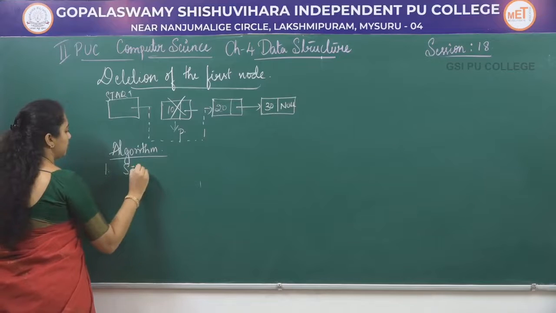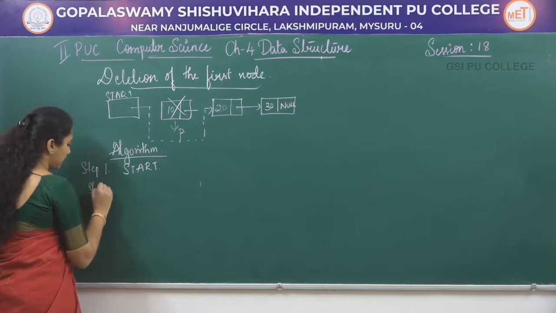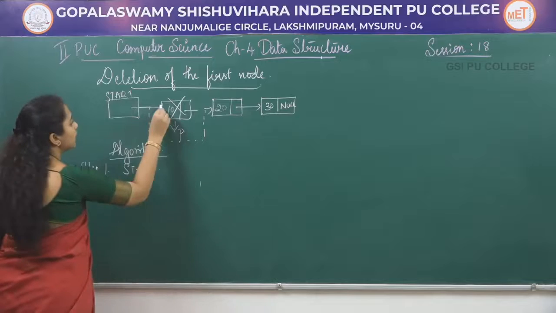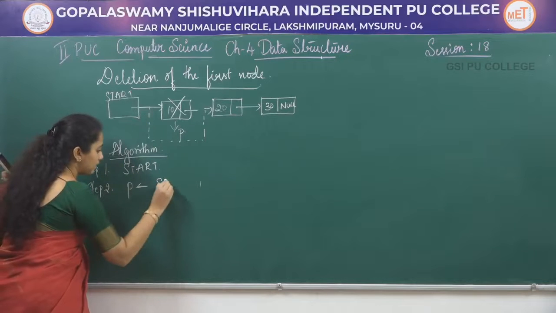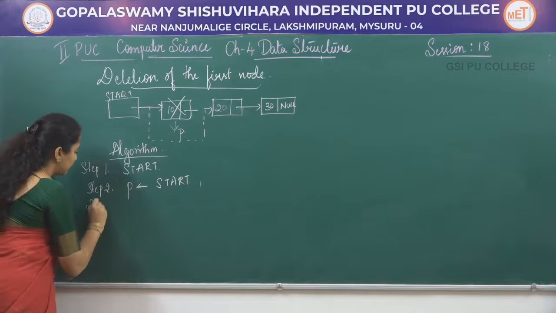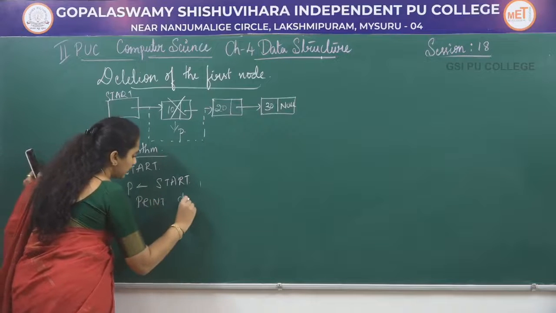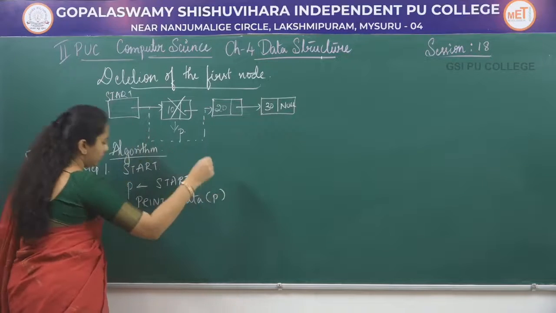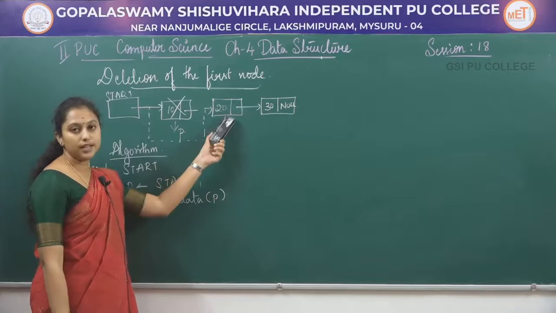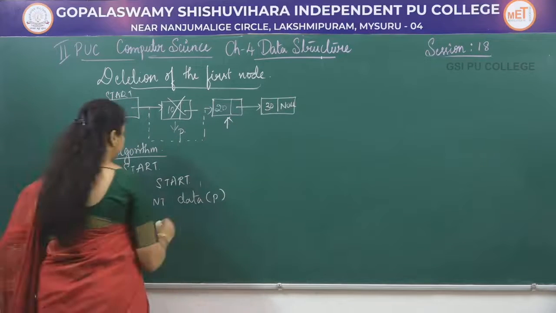The first step is start, and the second step is, the start contains the address of the first node. So we are going to copy the information of the node, print data of P. Next, we have to create a link to the second node of the list.